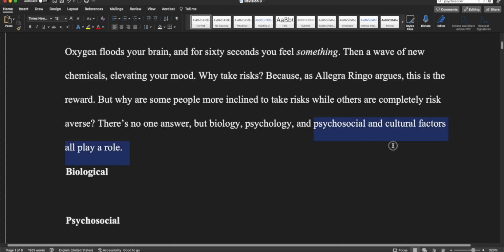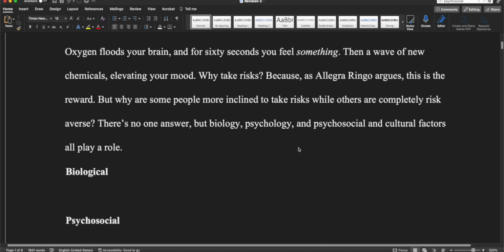And so I'm going to keep it this way for now. This is something that I might go back and look at when I'm revising, if I were going through this again later, to try to combine, rather, psychosocial and cultural factors into one heading. And that may be cultural, it may be psychosocial. I'm leaning towards psychosocial.